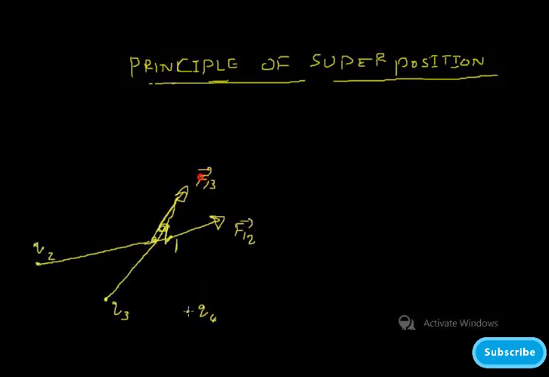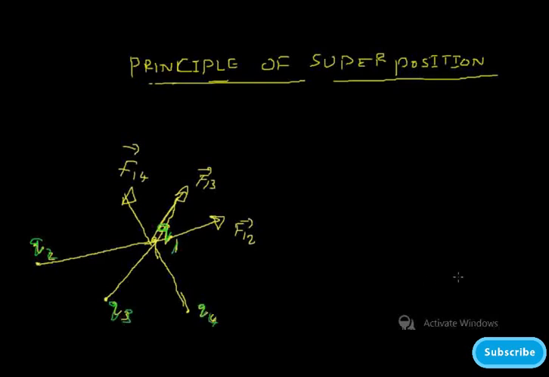Similarly, Q4 also exerts force on the Q1. It is called F of 1, 4. So look at here. On Q1 charge, Q2 exerts force, Q3 exerts force, Q4 exerts force.